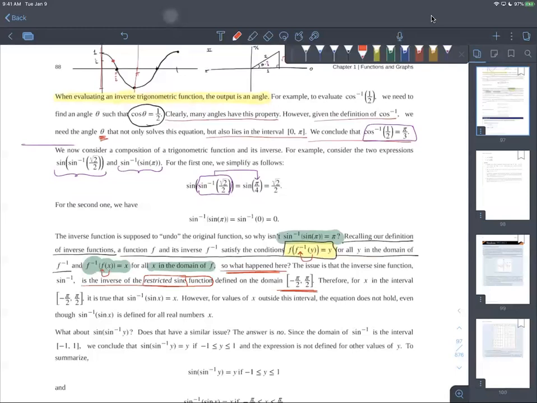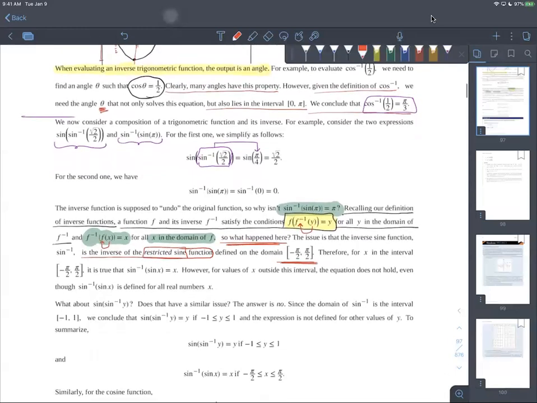Therefore, for x in the interval from negative pi over 2 to pi over 2, it is true that the sine inverse of the sine of x is equal to x. However, for values outside of this interval, the equation does not hold, even though the sine inverse of the sine of x is defined for all real numbers x.